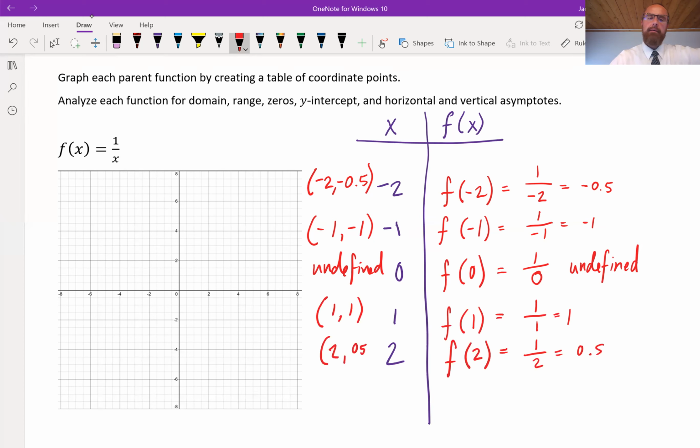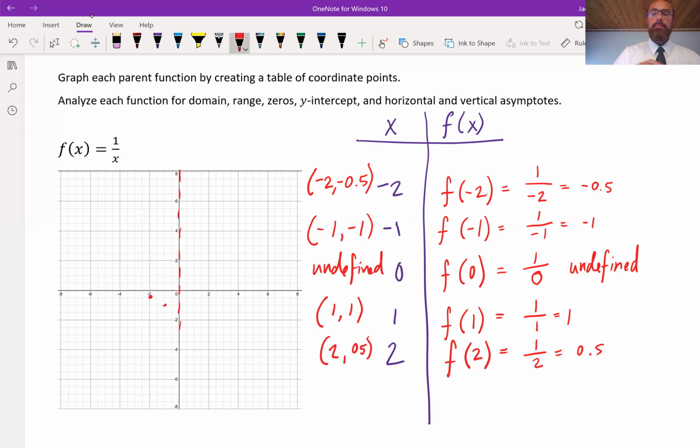So we'll go ahead and graph those here on our coordinate plane. So -2, that's -1/2. Where should that have gone instead? Good, should be down half. -1 is at -1. And then the undefined value here at the x value of 0, because I know this function, I know that that's a vertical asymptote.